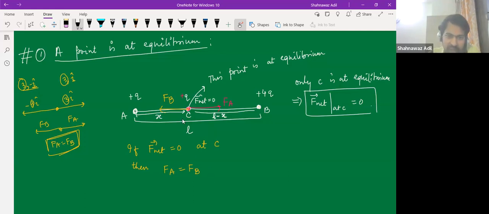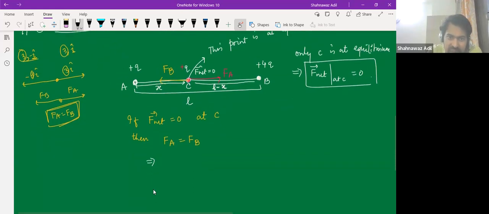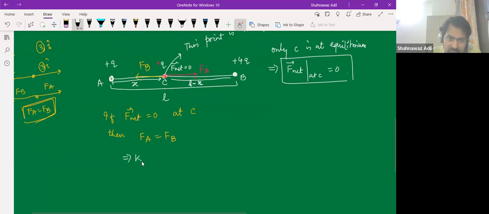Okay, so now we have to calculate the Coulomb force due to this charge. So how much would that be?